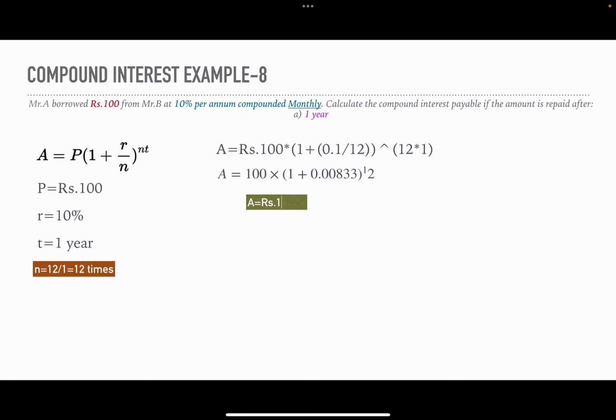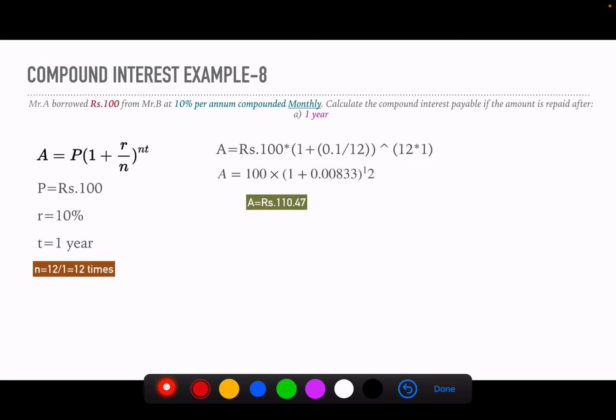Putting in the numbers will give you 110.47. So I hope you can work out the compound interest from the amount, which will be simply 10.47. So as you can see, the amount is increasing as the frequency of the compounding increases.